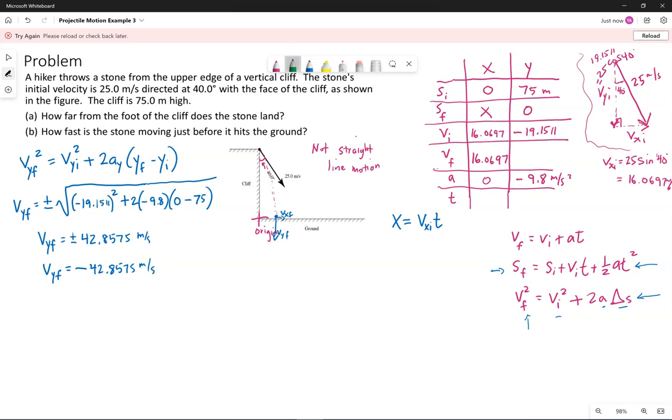To find time, I'm now going to come to the top equation, and I can say Vy final is equal to Vy initial plus the acceleration in the y direction times the time. Time, when I bring Vy initial to the other side and then divide by Ay, it is important to have the negative sign on our Vy final because we will get a different answer if we do not.